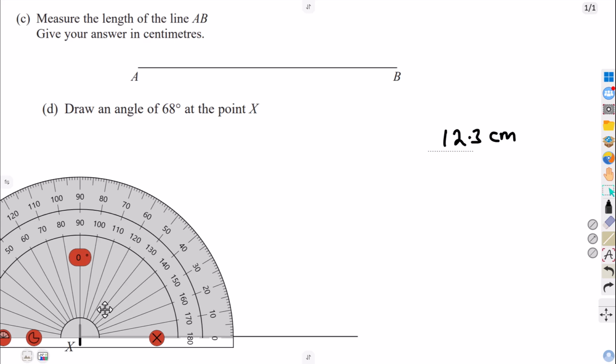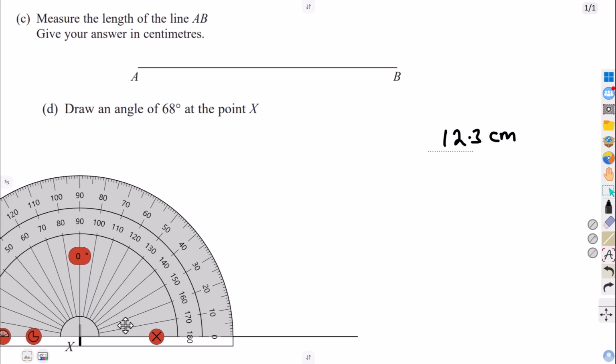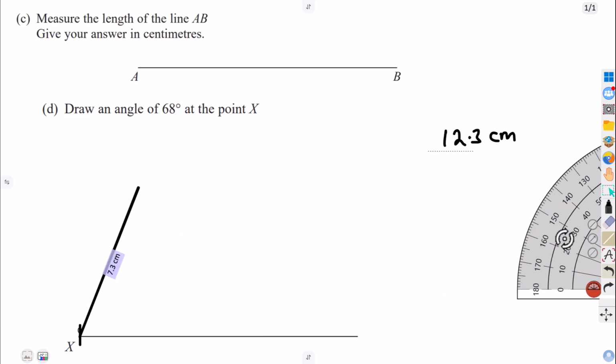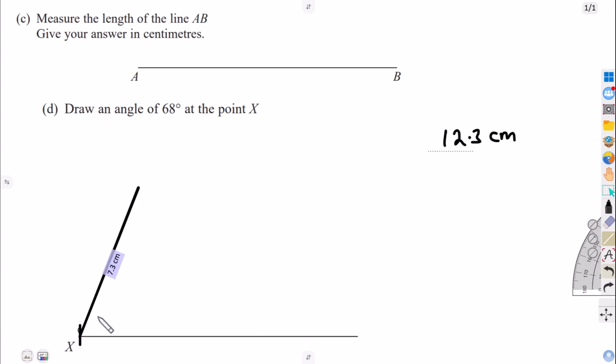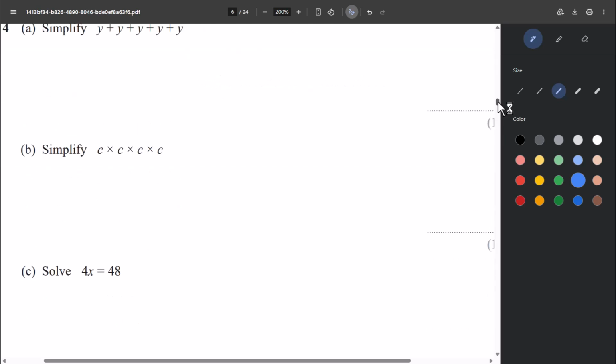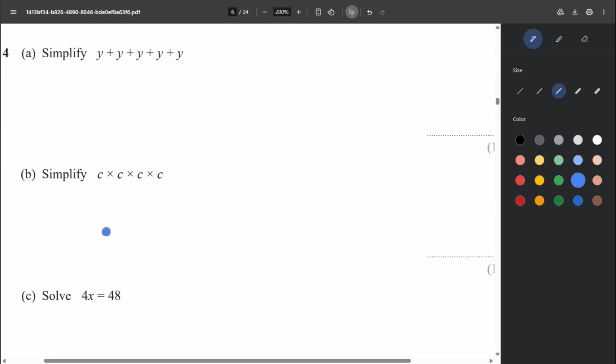Make sure I place it accurately and measure 68 degrees, and 68 degrees will be somewhere here. Okay, so I take my device out. So this angle here that I have just drawn is the angle 68 degrees. Okay, all right. Now we are in question 4.